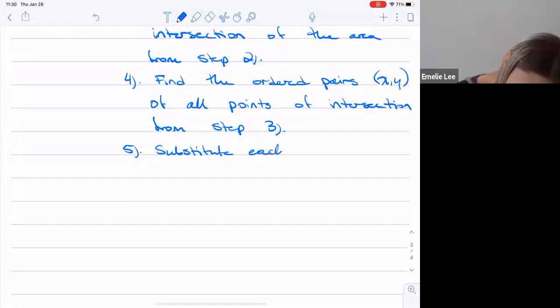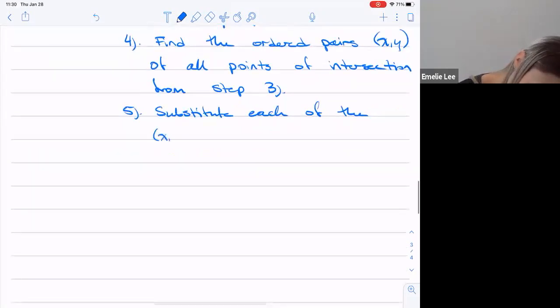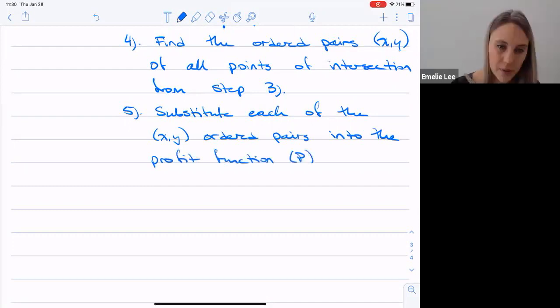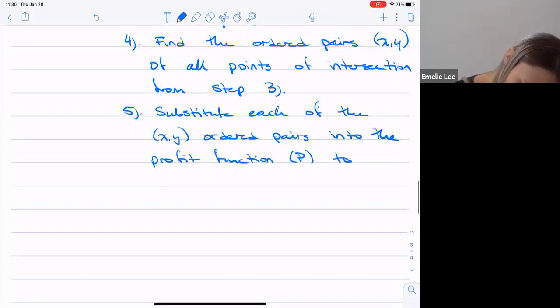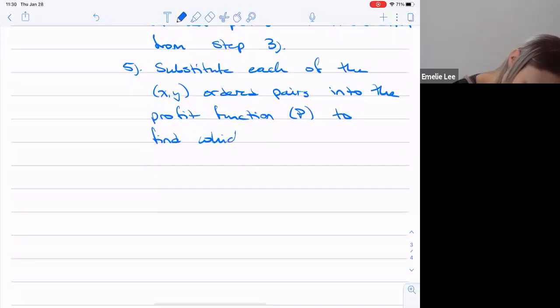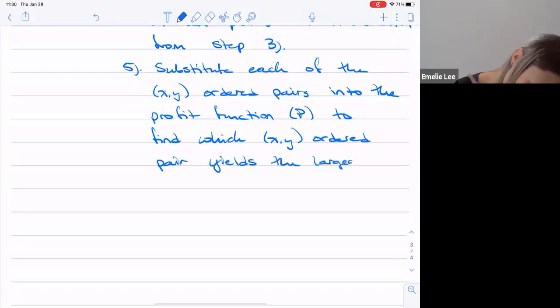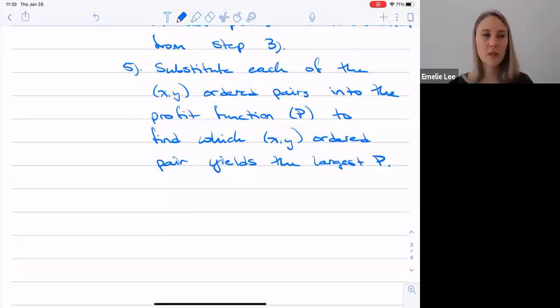Substitute each of the XY coordinates, or each of the XY ordered pairs, let's say that instead, into the profit function, which we're calling capital P. So you're going to substitute each of those pairs into the profit function to identify which ordered pair gives you the largest profit function, to find which XY ordered pair yields the largest P. Okay.